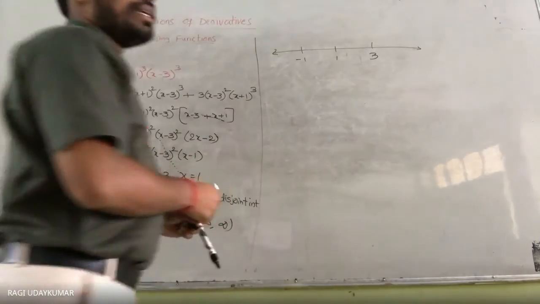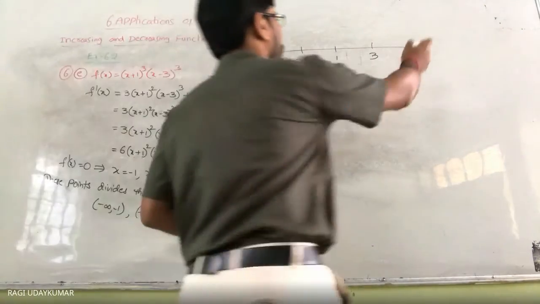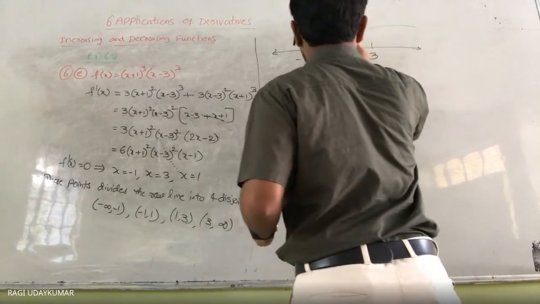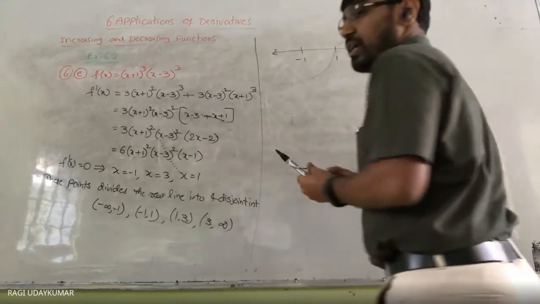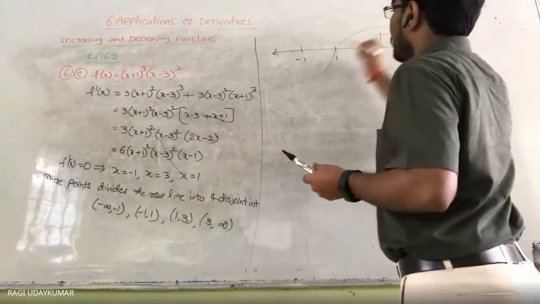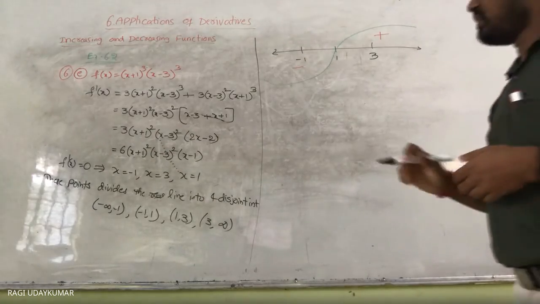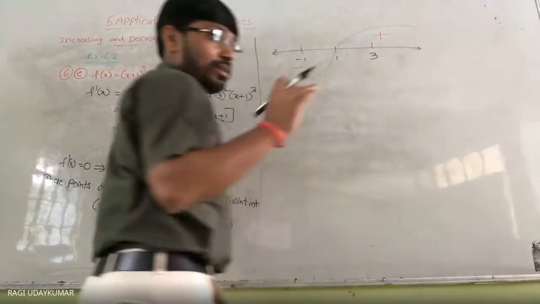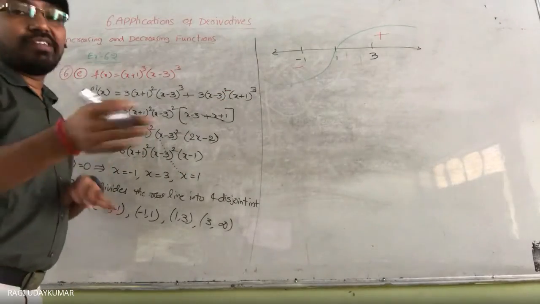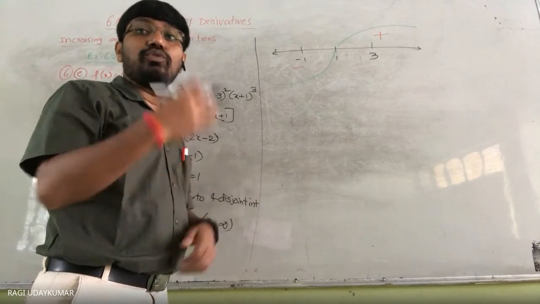Yes, although it is breaking into 4 intervals, but when you draw that, only the curve you have to draw like this. After drawing the curve like this, you are going to get here it is positive, here it is negative. That's all. Positive and negative in this interval, but that interval should be mentioned 1 to infinity, not 1 to 3 union 3 to infinity.